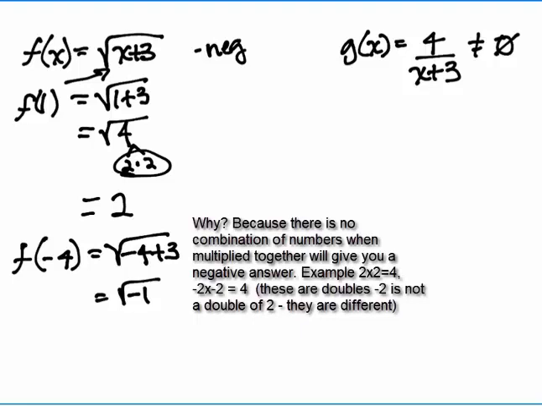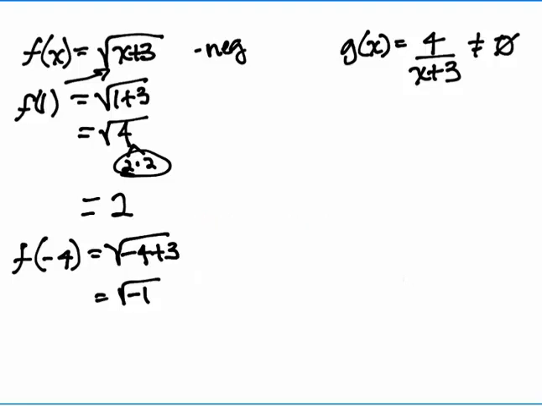So what you are saying is f of negative 4 is a non-real number. So negative 4 is not in the domain of f of x equals square root of x plus 3. So this would not be a solution.